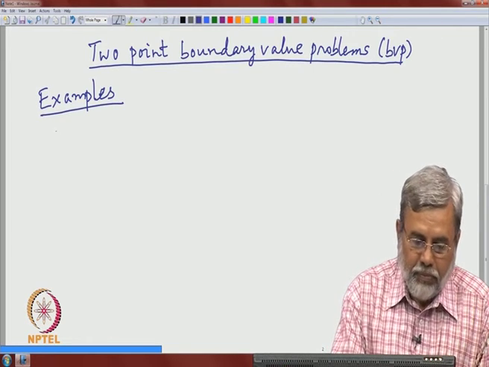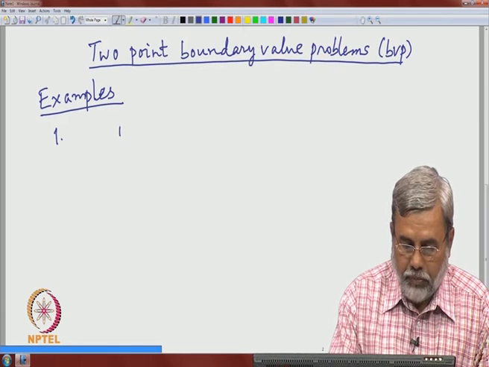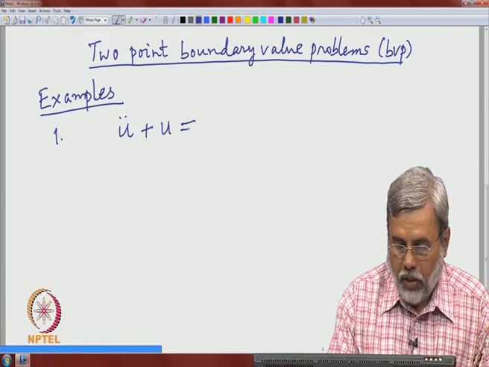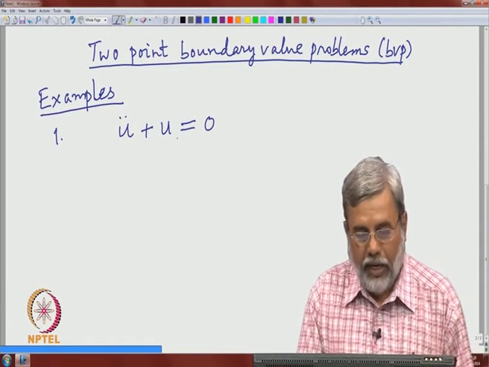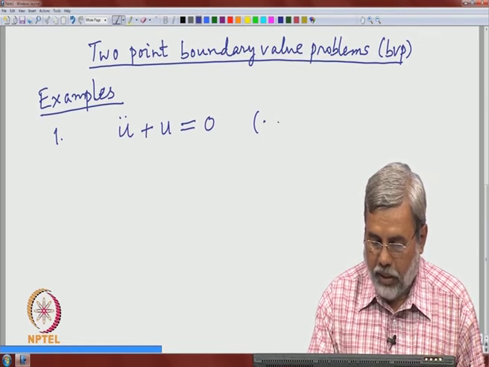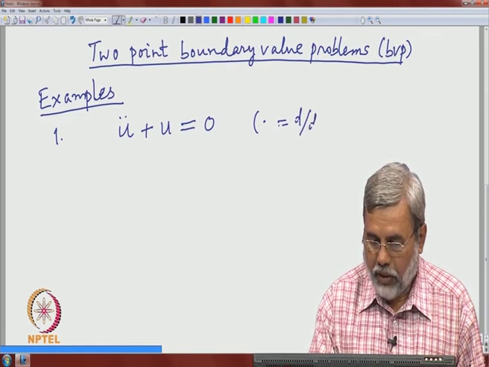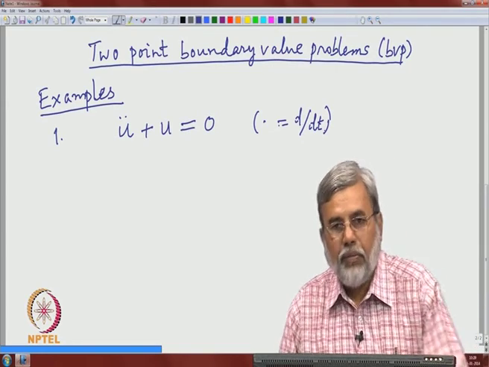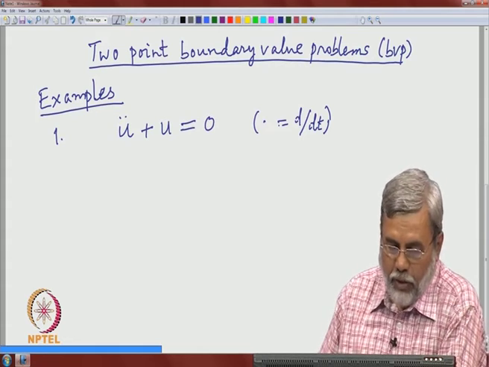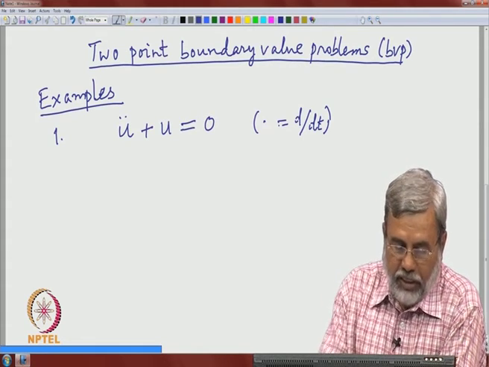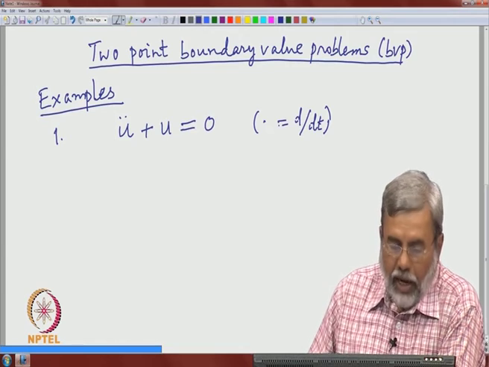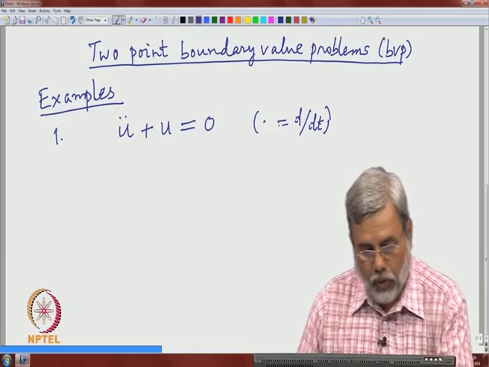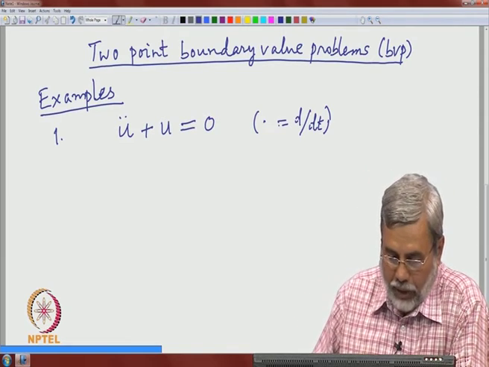The first example is again u double dot plus u equal to 0, and again recall dot represents d by dt, differentiation with respect to t variable, that is time variable, and u the unknown function. So, this is a second order equation, and for the initial value problem we give data of u and u dot at one single point.